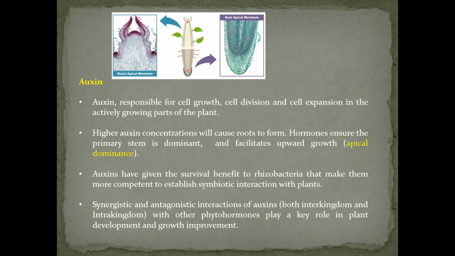Auxin in conjugation with ABA, abscisic acid, promotes root hair growth, due to two antagonistic phenomena called gravitropism and hydrotropism, which occur concurrently in soils.